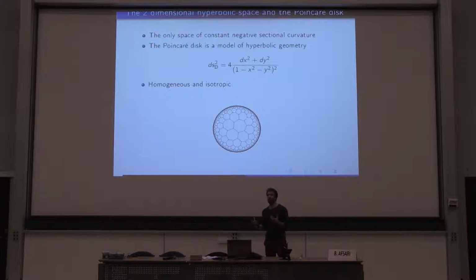This is a two-dimensional open unit disk with the following metric. So the distances are basically increasing as we reach the border of the disk. And this space is homogeneous and isotropic, in contrast with the Euclidean open unit disk.